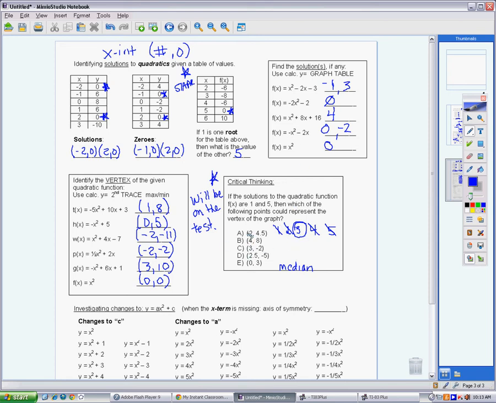Well, A starts with a 2, so I can eliminate that. B starts with a 4, I can eliminate that. That one starts with 3. D is 2.5, and E is 0. So this is going to be the x coordinates since the solutions are x-intercepts. So it's going to be C. So we usually use the median, and if you have two numbers in the middle, you add them up and divide by 2.